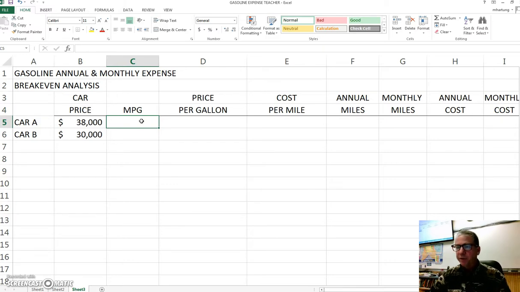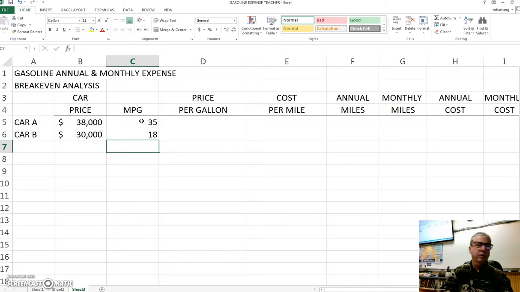Miles per gallon for car A is going to be 35 and 18 for car B. 35? Oh, what did I say? 35. Oh yeah, 35 and 18.